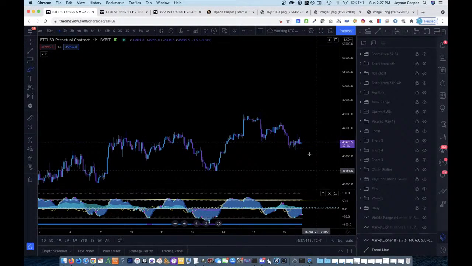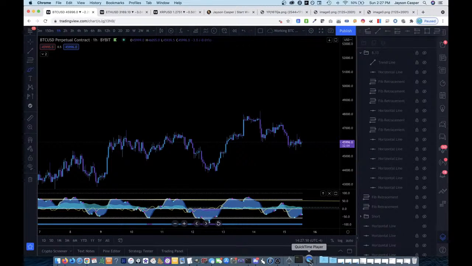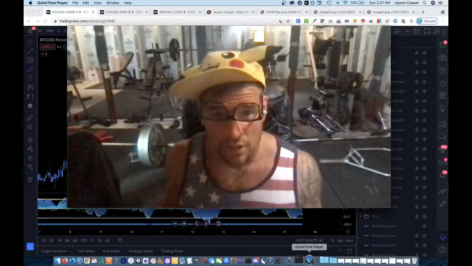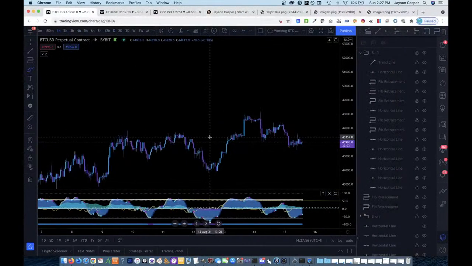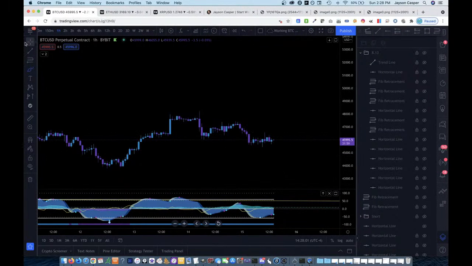Now, if we are looking for a swing trade and not a scalp, this is important, y'all. The swing trades are going to come about when everything is pointing to the same exact thing.